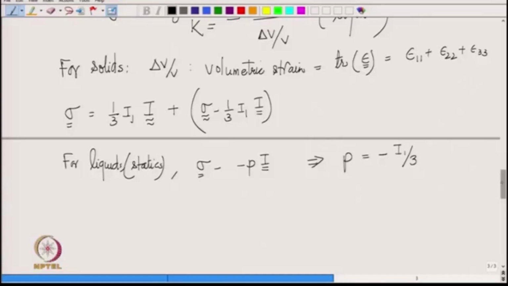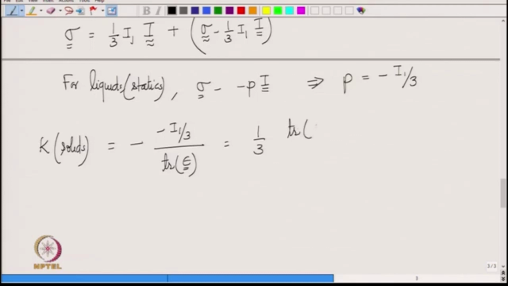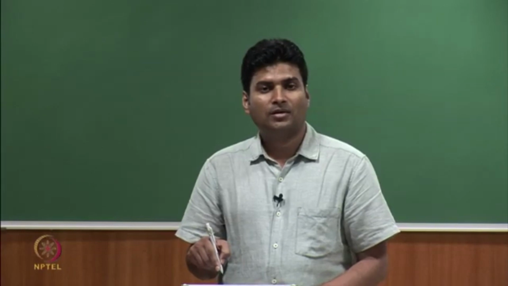So, that means the bulk modulus for solids, so K for solids would simply be minus of pressure, which is minus I1 by 3, divided by delta V by V, which is trace of epsilon. So, this becomes 1/3 times trace of stress tensor divided by trace of epsilon, is not it? So, you simply compute trace of sigma divided by trace of epsilon and you will get the bulk modulus.